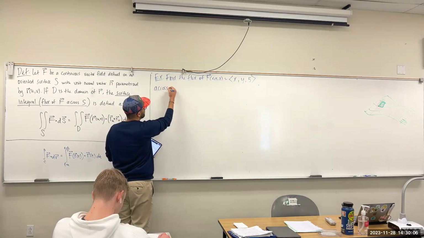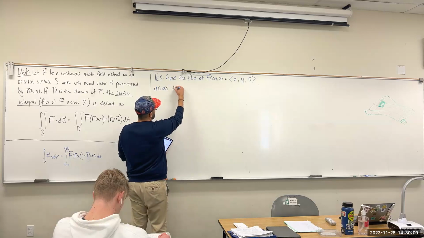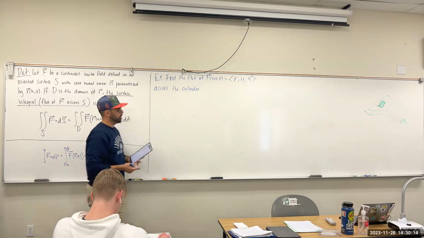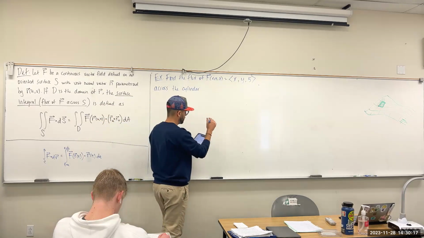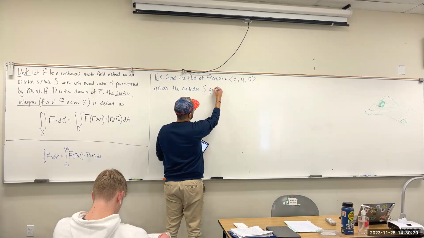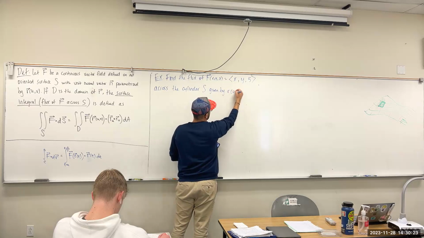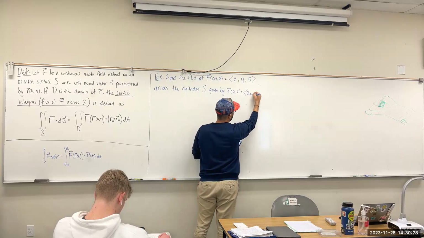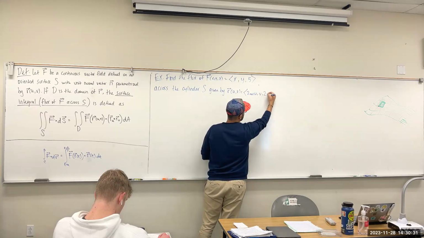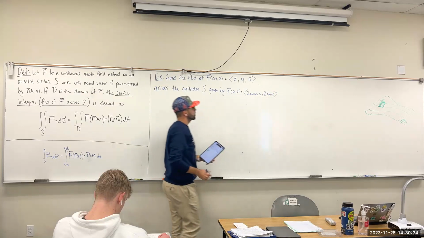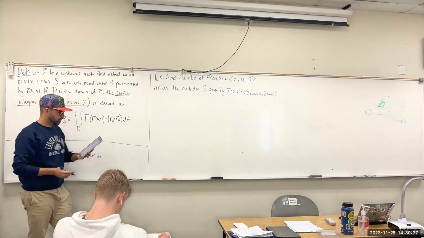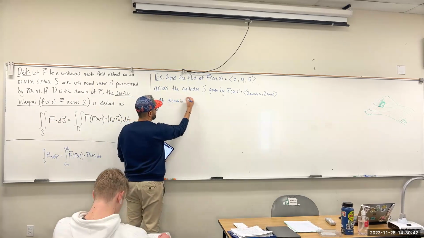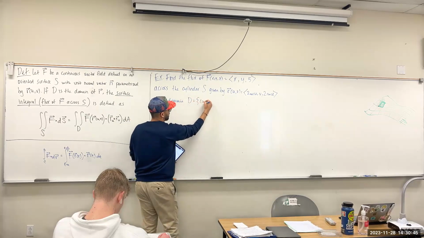We want to see how it flows across the cylinder, the same one you guys just did before the break, that little piece of the cylinder, S given by R of u, v, 2 cosine u, comma v, 2 sin u, with the same domain that I gave you guys last time.